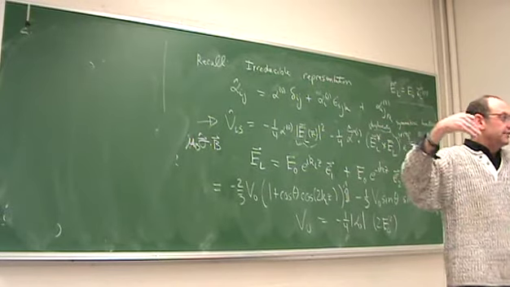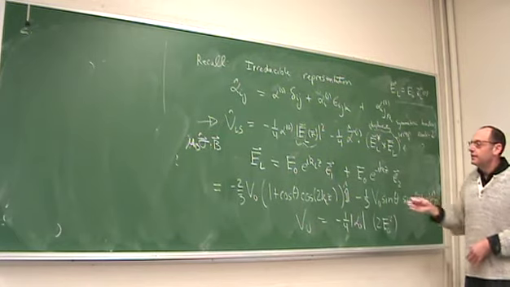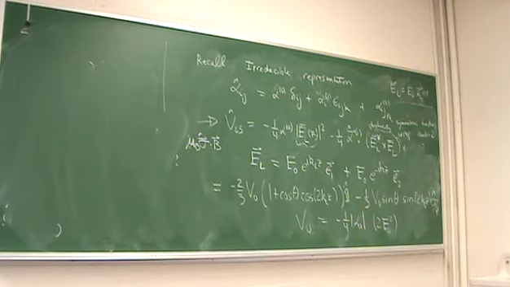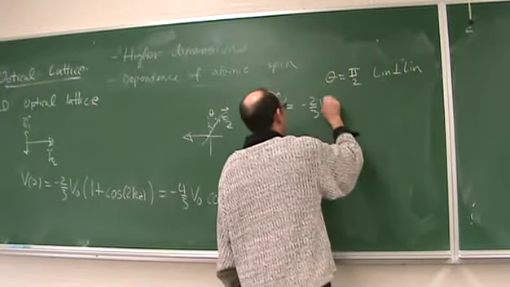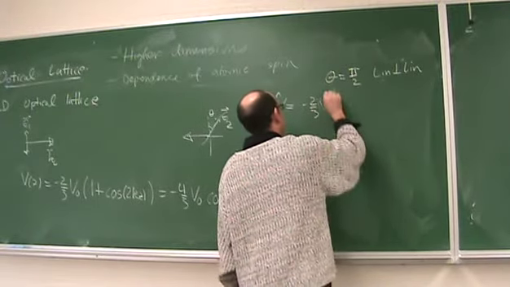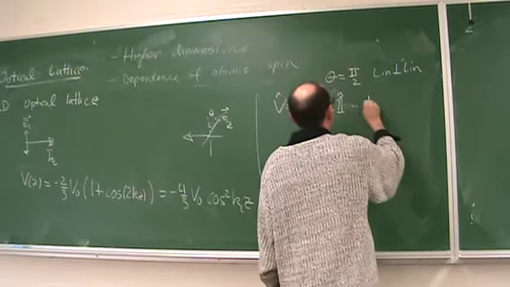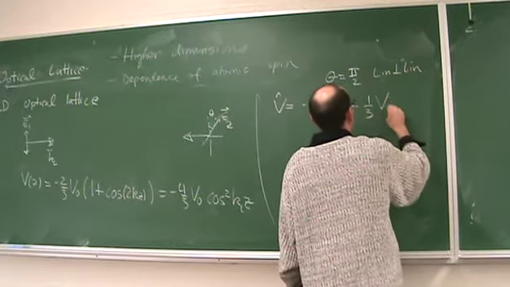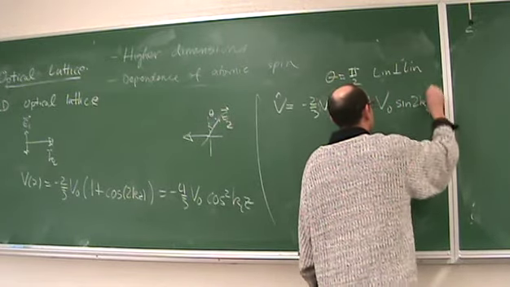What varies in space is the fictitious magnetic field. So in that case, my potential is minus 2/3 V naught times the identity operator minus 1/3, sine of 90 degrees is 1, V naught sine 2kz sigma z.